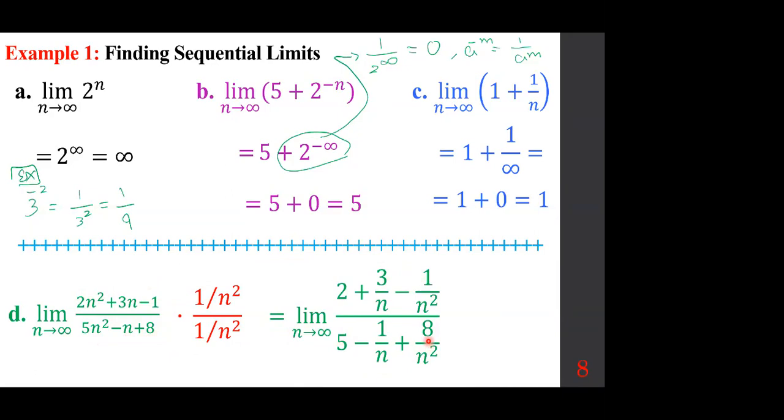So what happens? We are going to replace the n with infinity, which means you no longer write the limit, okay? The next step is not to write the limit. This goes to 0, this goes to 0, this goes to 0, this goes to 0, and the answer is 2 over 5.